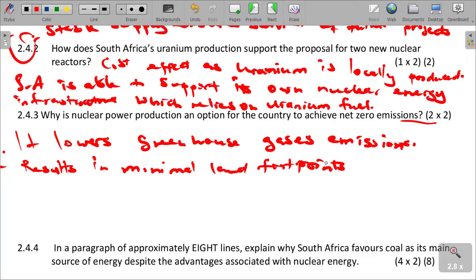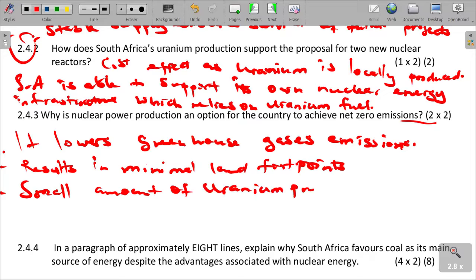We also talk about how a small amount of uranium produces a large amount of energy.